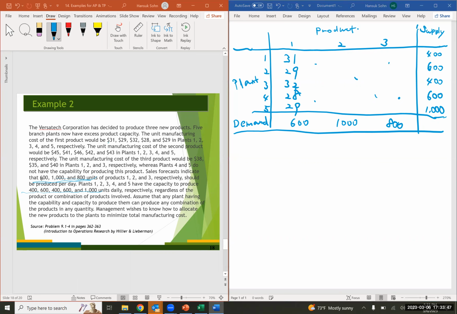The second product is going to be 45, 41, 46, 42, and 43. And for product number 3, that's 38, 35, and 40.